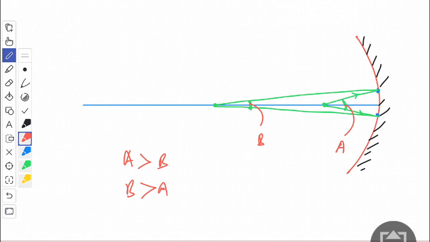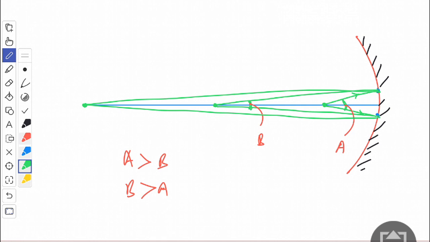Now think carefully: if I take B and move it from here to here, so now B is here, the rays going to the same two points, this point and this point, the angle between them will become smaller. Obviously I'm not drawing it that nicely, but if you draw it properly, this angle C will be smaller.